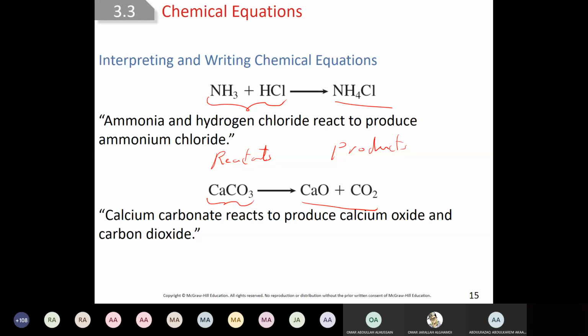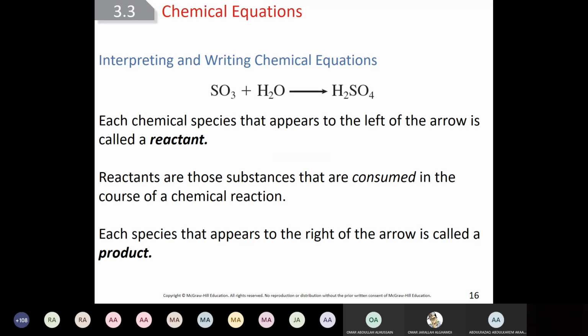Okay, good. Now, it's not enough to write the chemical equation like this. First, you have to write the reactants and the product. We say that SO3 combines with H2O to give you H2SO4.